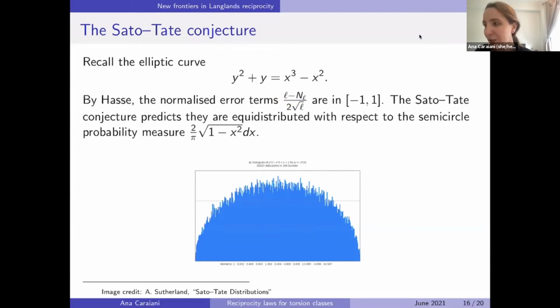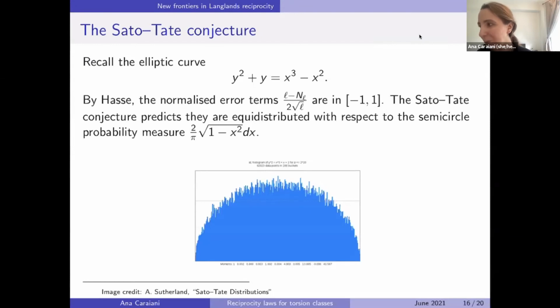And the Sato-Tate conjecture predicts that these numbers, as L varies over all primes, become equidistributed with respect to a natural probability measure, which is the semicircle probability measure. And here's a picture of a Sato-Tate distribution, maybe for a different elliptic curve, but that shows you how, once you're taking a large number of values of L, you get something that looks more and more like a semicircle.